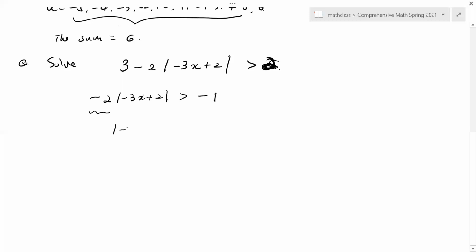When you divide by negative 2, you change the direction of the inequality. Negative 1 divided by negative 2 is just equal to 1/2, right? Then you can remove the absolute value symbol.